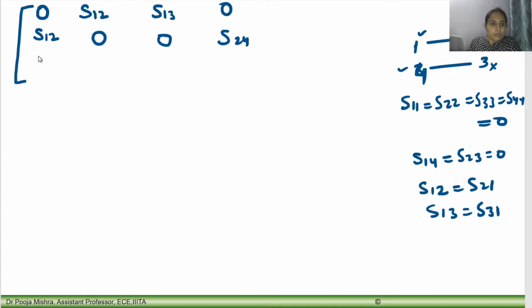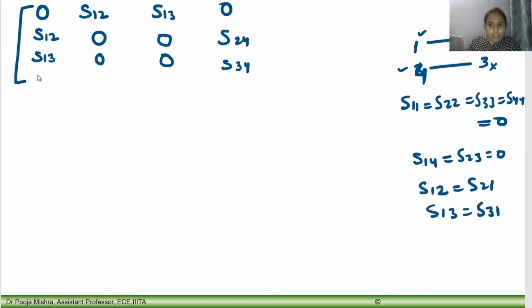Move on to the third one, S31 is equal to S13. S23, no, it is 0. S33 is 0. S34, yes, it will occur.